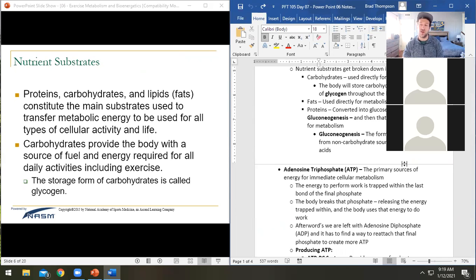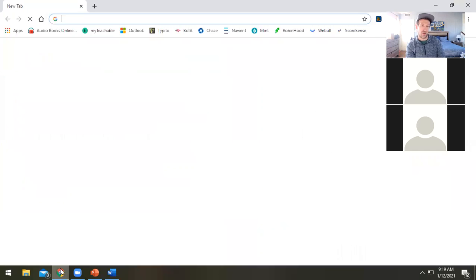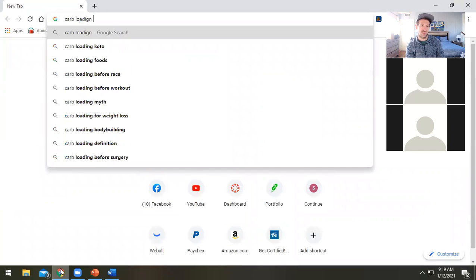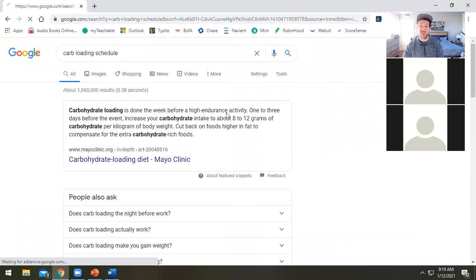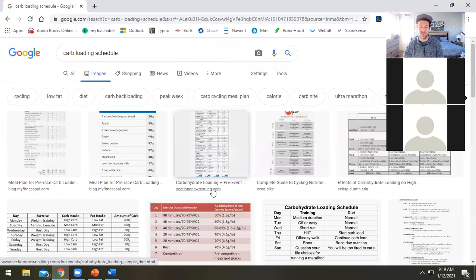Well, the way carb loading works, let's look up a carb loading schedule here. This is what's kind of funny about this. You're going to see that you will actually starve yourself of carbohydrates for a day or two.